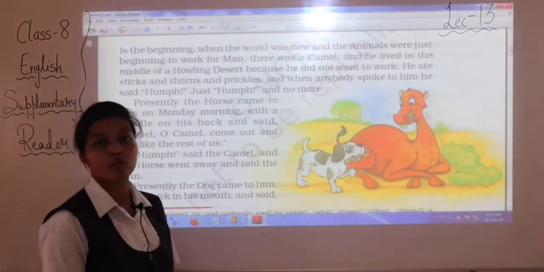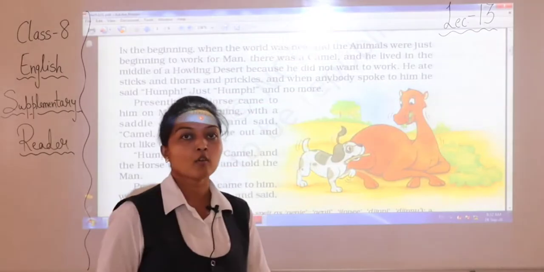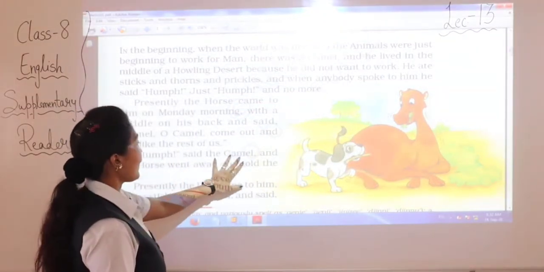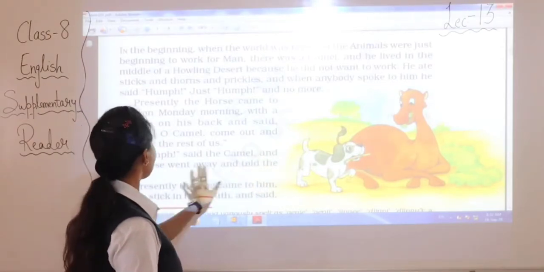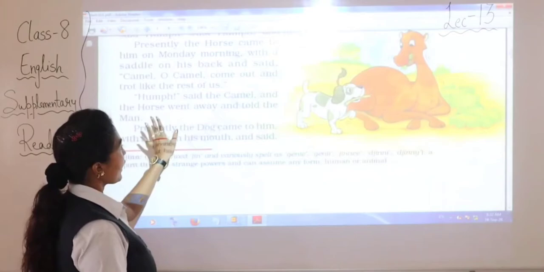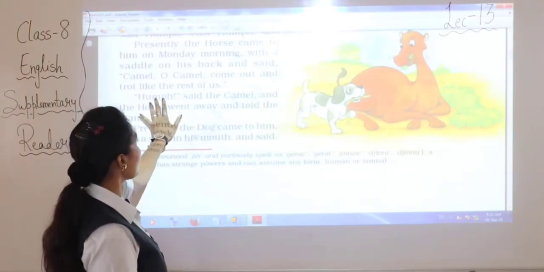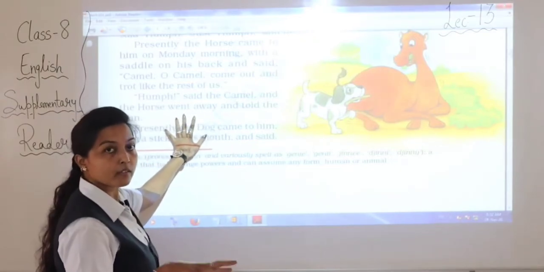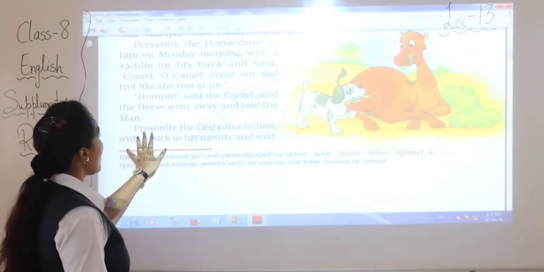Trot means you have to walk like us, a faster walk. "Humph," said the camel, and the horse went away and told the man. So the camel said nothing else, only the one word. Then the horse went away and informed the man.